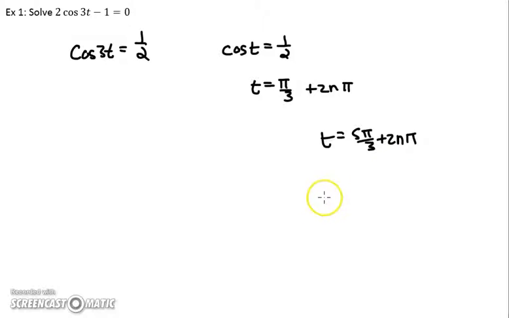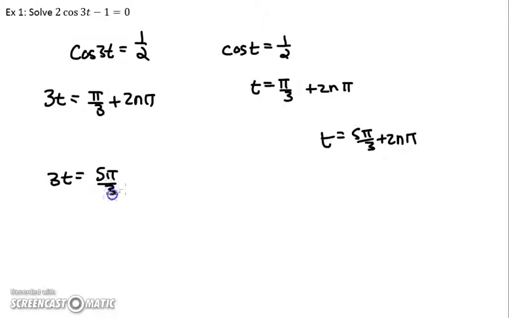And the idea is going to be the same, except we don't have t, we have 3t. So we still want to think about this pi over 3 and this 5 pi over 3, except we're not going to say t equals pi over 3 plus 2n pi. We're going to say 3t equals pi over 3 plus 2n pi, and 3t equals 5 pi over 3 plus 2n pi.